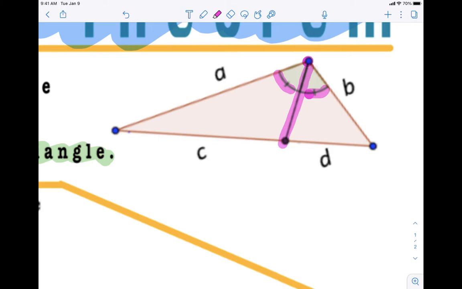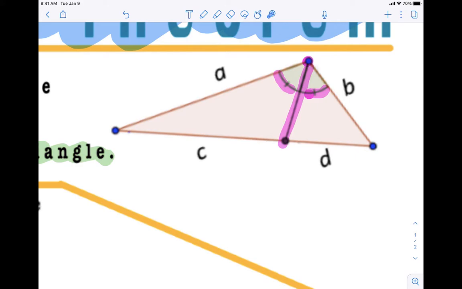Right? It split it. It used to be one entire angle, but this segment here bisected it, split this angle into 2 and created 2 equal angles. Right? So we know that part already.